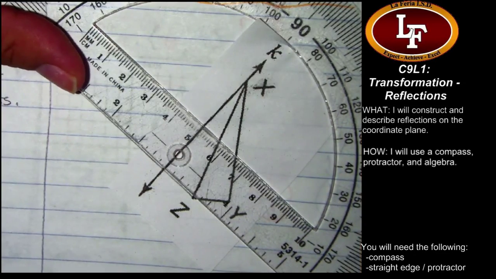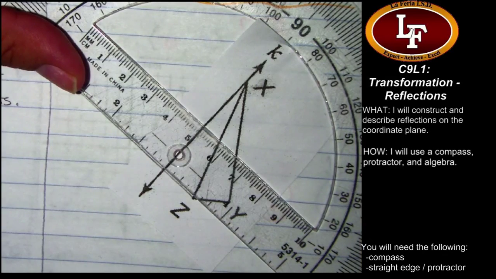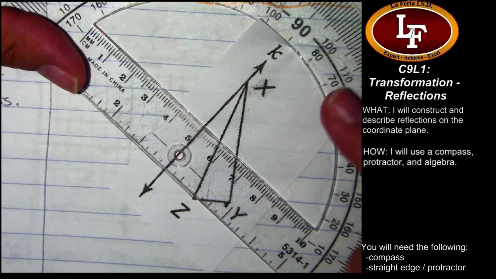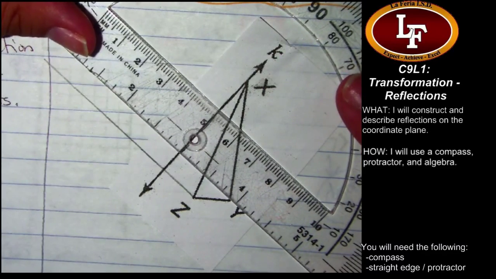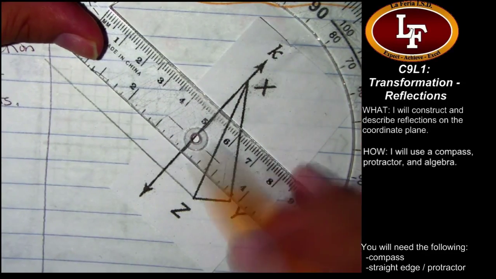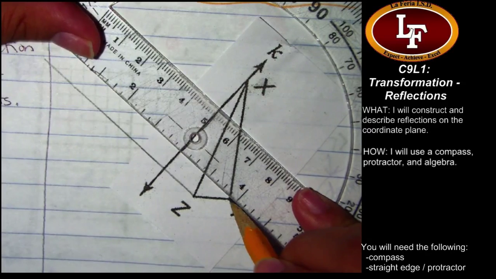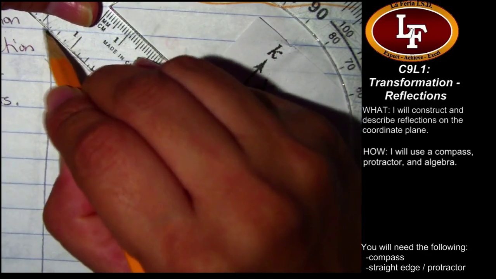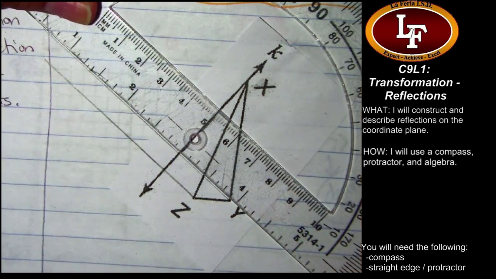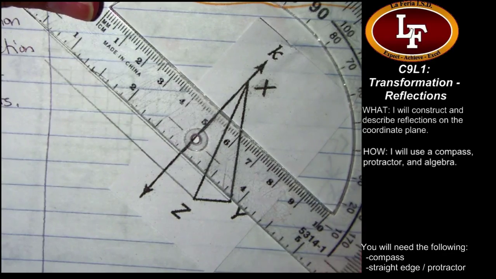Repeat this process for every vertex of your figure. How long? I don't know, until you run out of room. If you're close to the edge of your paper, it's until you run out of paper. If you're up against the edge of your notes, it's until you run into some words. Is that enough space? That looks like it's going to be enough space.